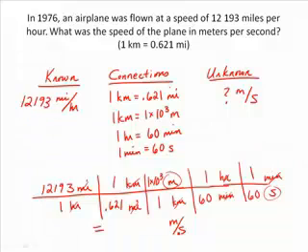And to solve this, I do 12,193 divided by 0.621 times 1 times 10 to the third, and then divided by 60 and divided by 60. So that gives me 5,454.0 meters per second.